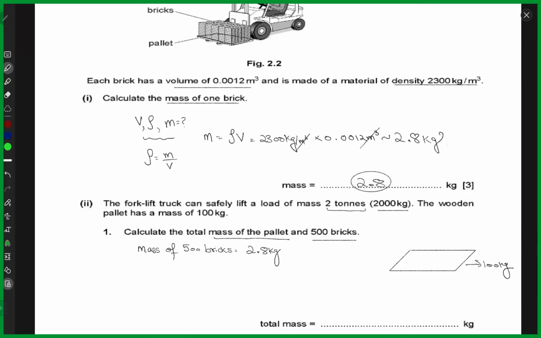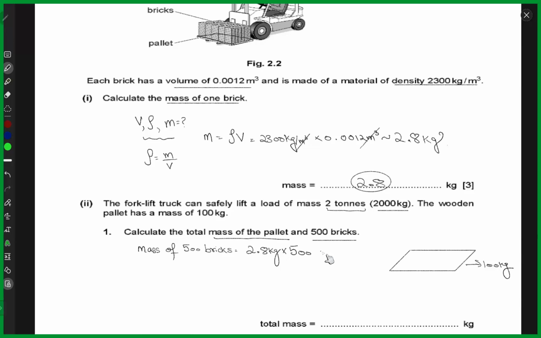So I need the mass of 500 of them. For one brick, I'll just multiply 1. For 2 bricks, I'll multiply 2. For 500 bricks, I'll just multiply 500. So I'm combining all of these bricks and finding the mass by writing the mass of one brick and multiplying it with the total number of bricks that I have.